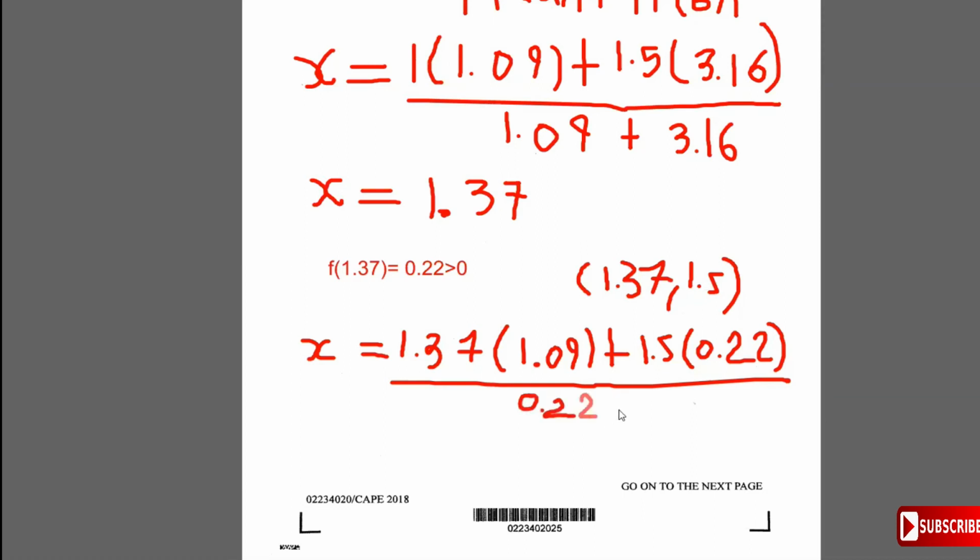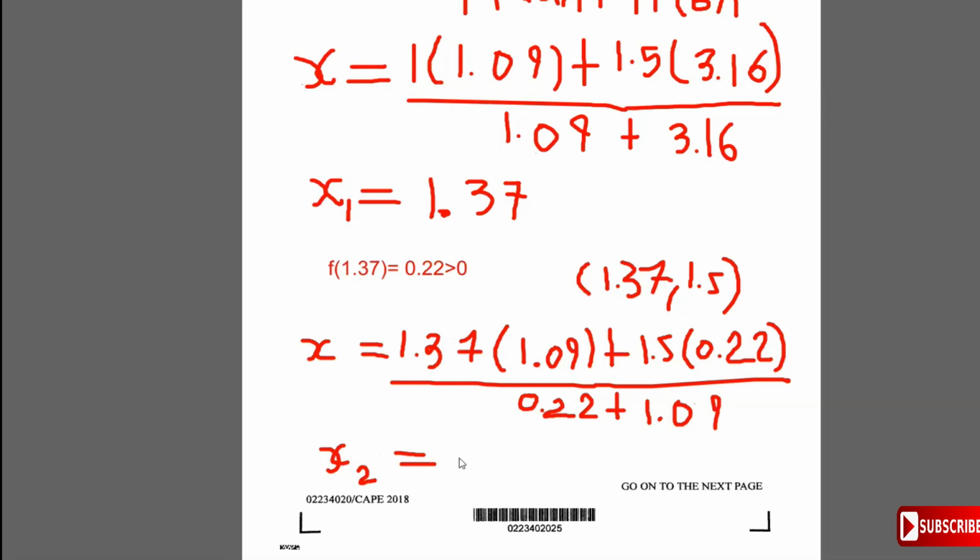So going again, this is the second approximation, x2. The second approximation is 1.37 times 1.09 plus 1.5 times 0.22 divided by 0.22 plus 1.09. We get 1.39.